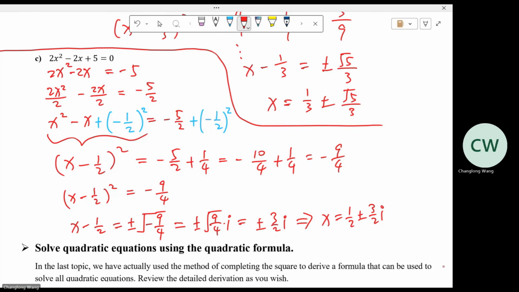If the real number x is less than 0, then radical x can be written as radical of absolute value of x times the i. Okay. For example, radical of -2 is nothing but radical 2 times i.